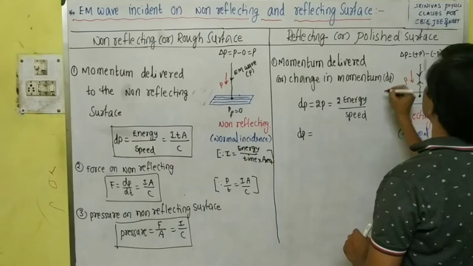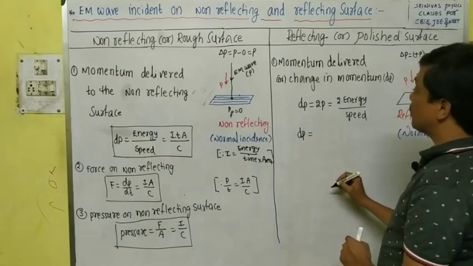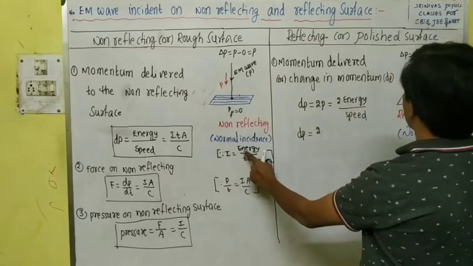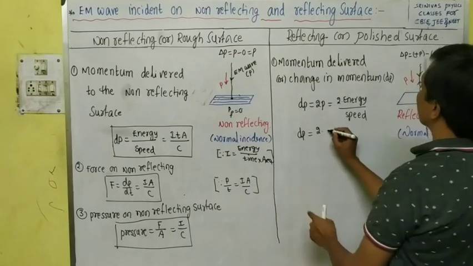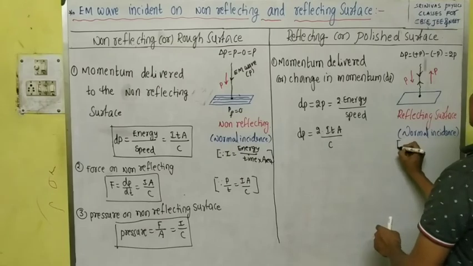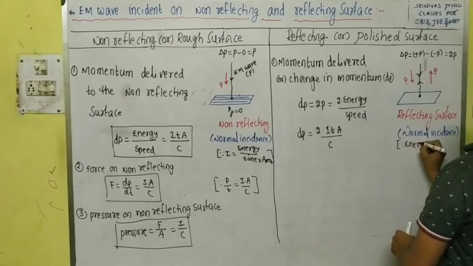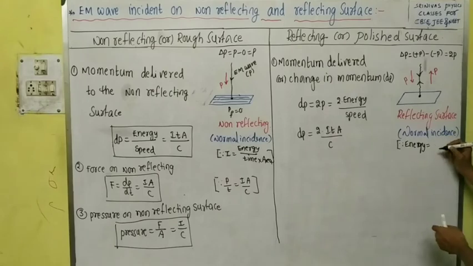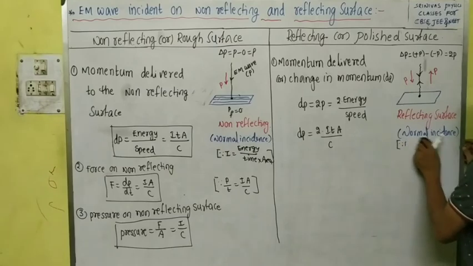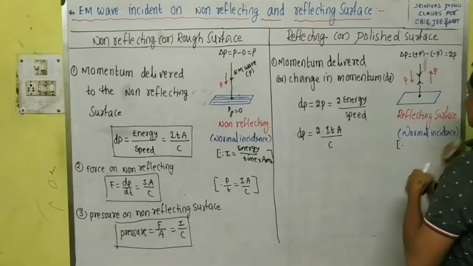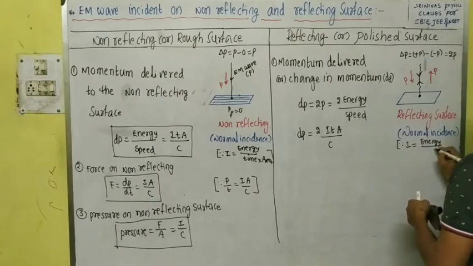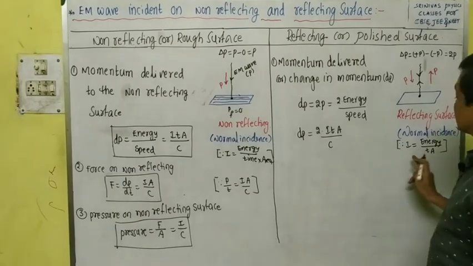Remember it. The momentum delivered, dp, is 2 times energy by c. From the intensity equation, intensity is equal to energy by time into area, so energy is equal to ITA.